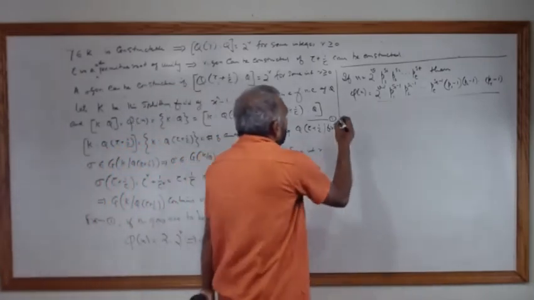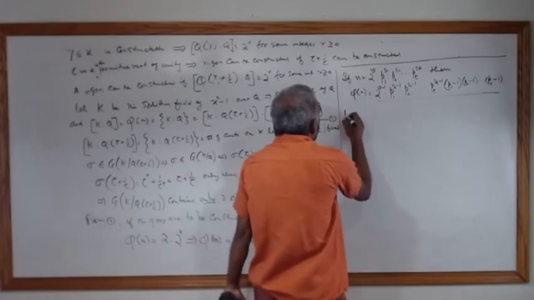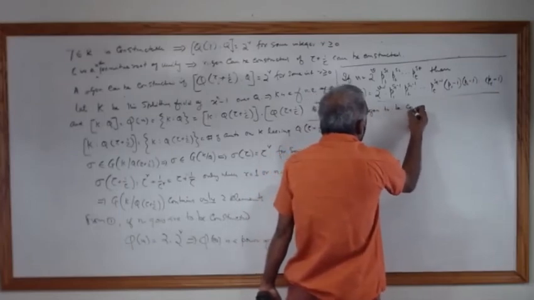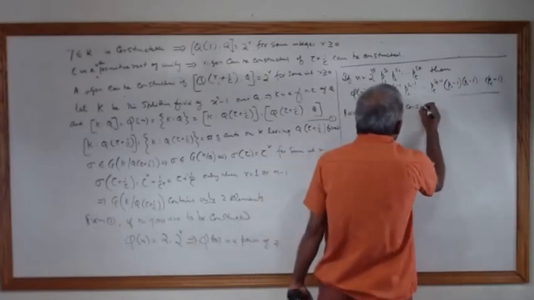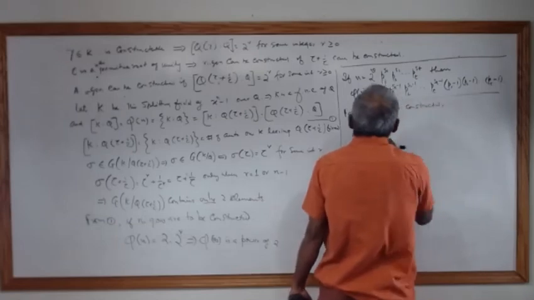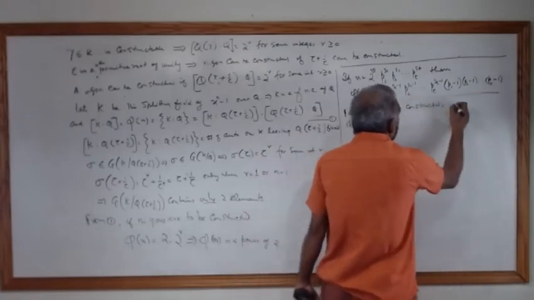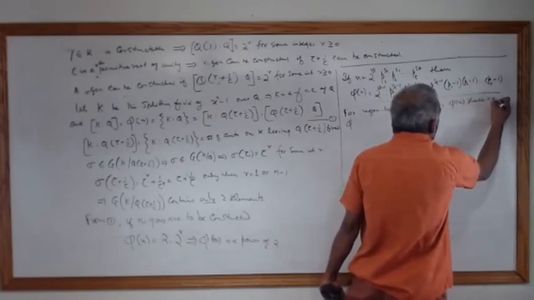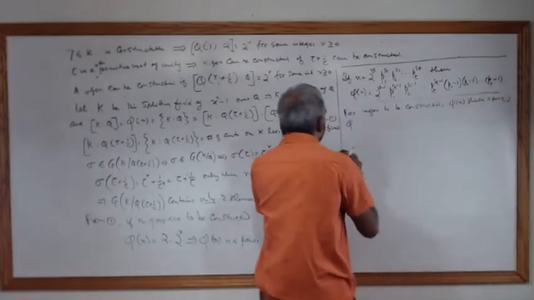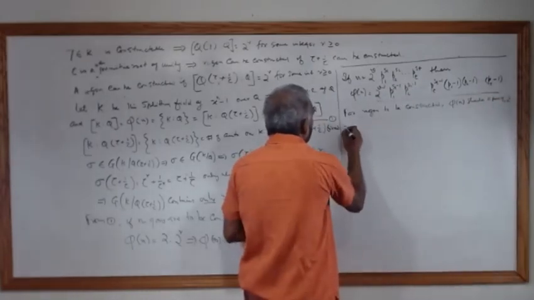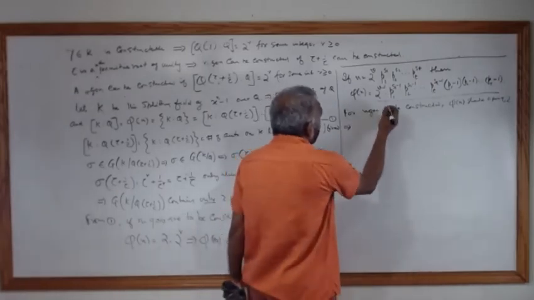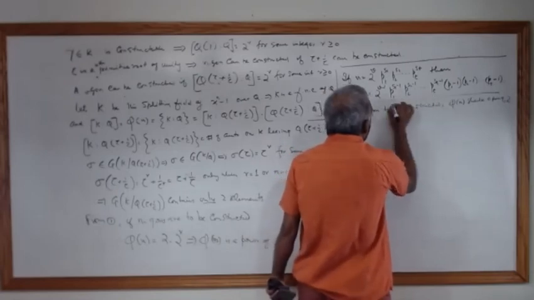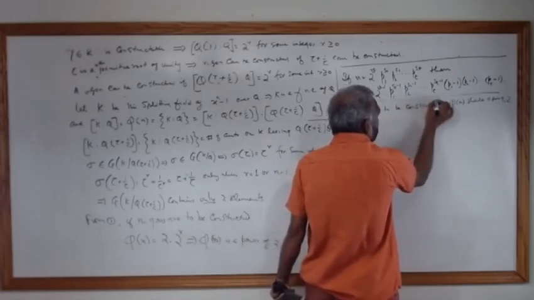So for an n-gon to be constructed, phi of n should be a power of 2. And that implies this is a power of 2. All these are primes other than 2.